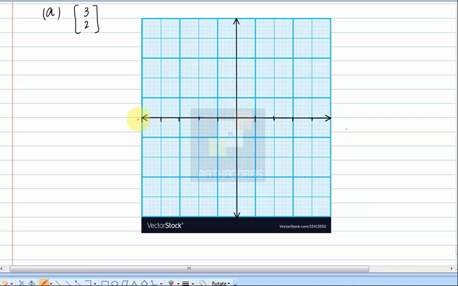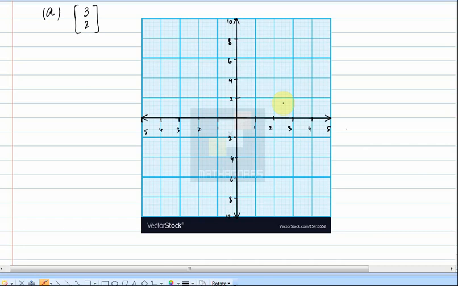On the y axis, I'll say 2, 4, 6, 8, 10, minus 2, minus 4, minus 6, minus 8, and minus 10. So I have drawn the complete graph and you need to do it the same way.